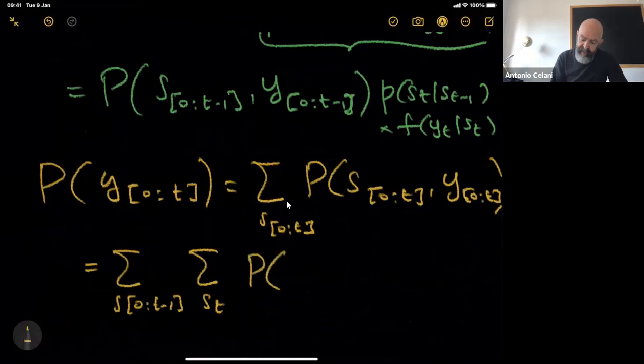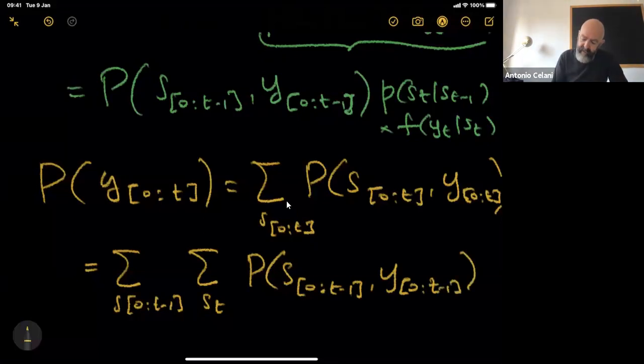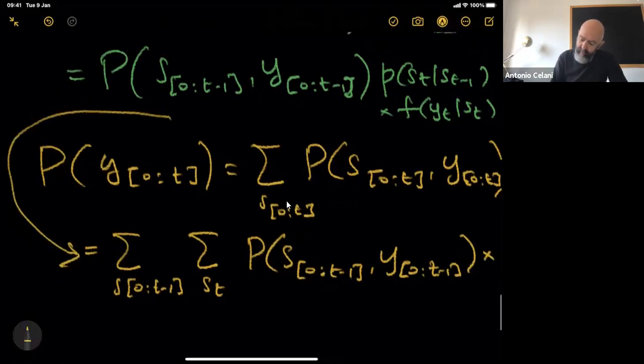Of the probability, joint probability over, okay, this last step is coming from here. Times probability of st minus 1.